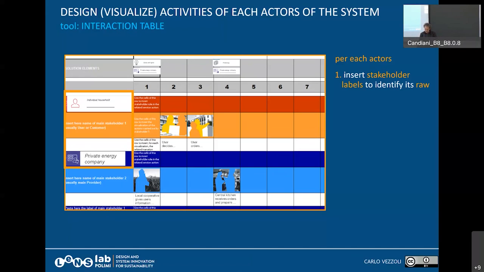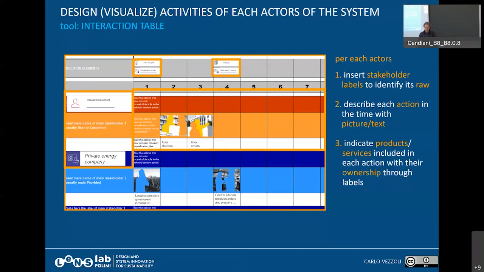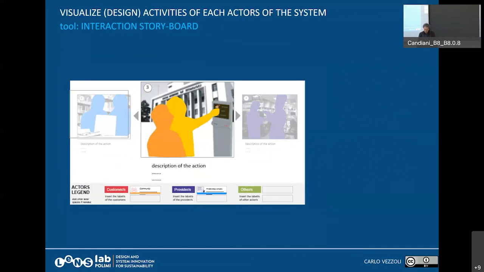So you will describe for each actor in the course of the time the action, so what they are doing in relation to each other, and you will highlight even the product and the services that will be needed in a certain moment and time frame, and so on, highlighting as well the ownership of those.